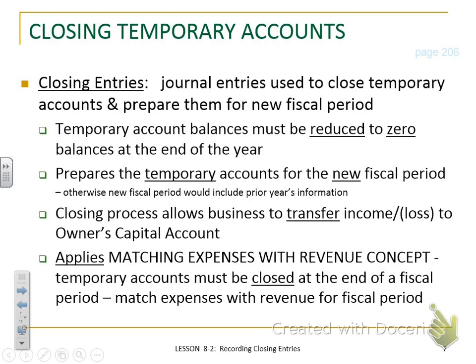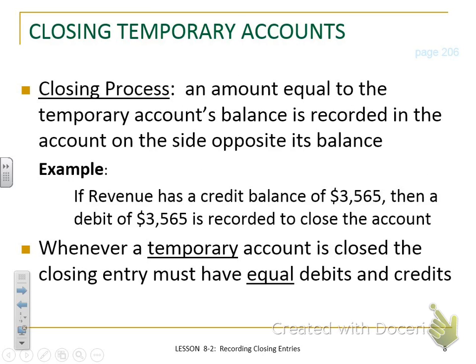Okay, and any temporary accounts are going to be closed at the end of the fiscal period. So our closing process just takes the amount that's in the temporary account and rolls the balance down to 0. You close it out by taking that balance, and if the balance is a credit balance, you're going to debit it to close it out.